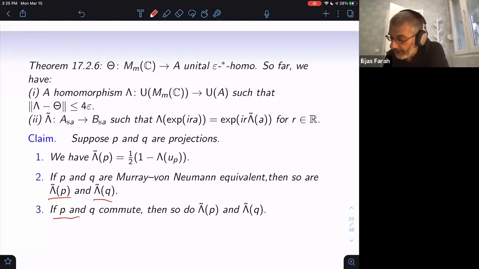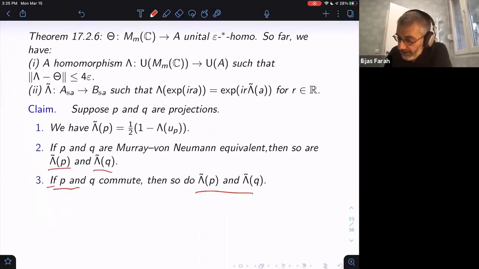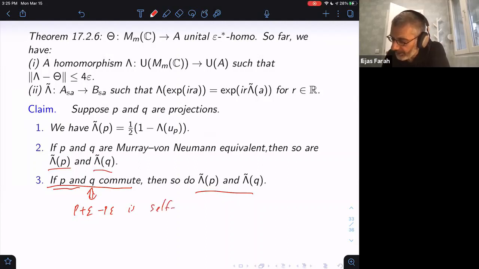Next, if P and Q commute, then so do lambda tilde of P and lambda tilde of Q. Now, why is that so? Well, P and Q commute if and only if P + Q - PQ is a projection, or even just self-adjoint, which is maybe slightly more relevant here.